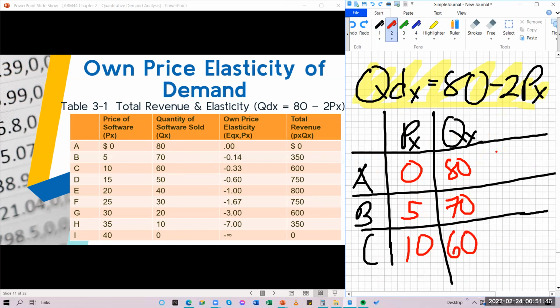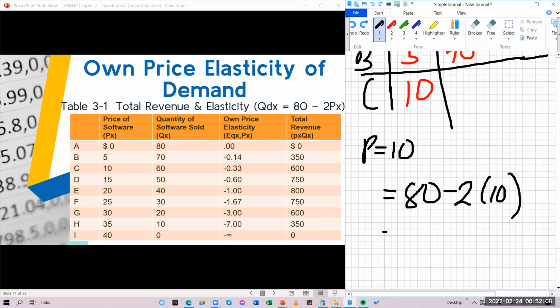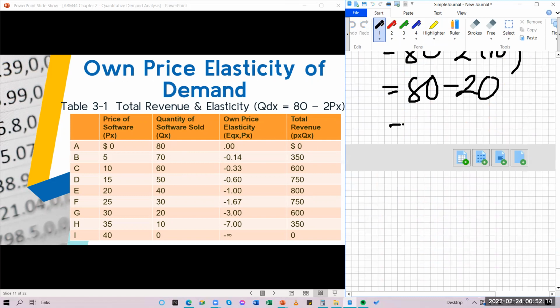I think you already know how to solve this. If not, let's review again. This is how I will be putting it. For example, at A, the price is equal to 10. So that would be 80 minus 2 times 10, which is 80 minus 20, so we will have 60.